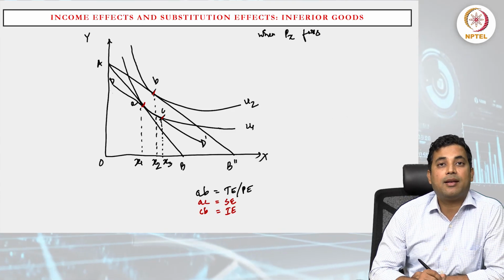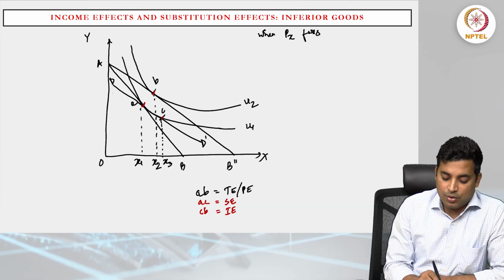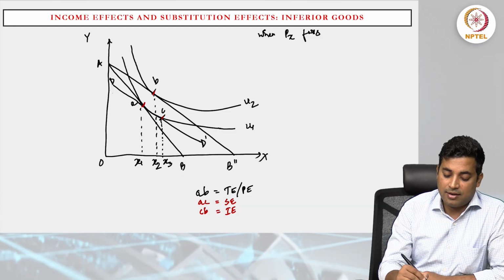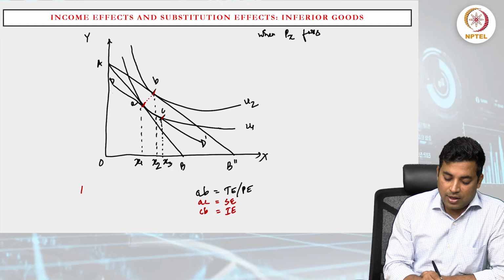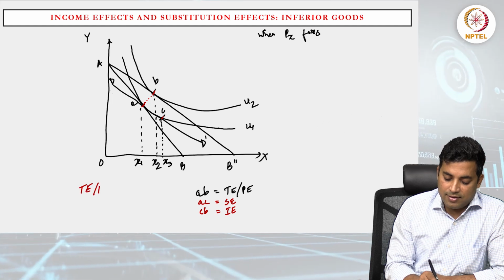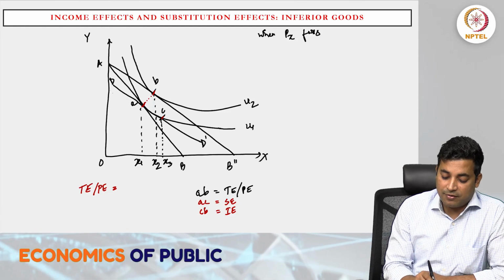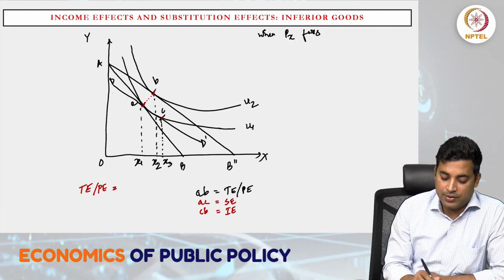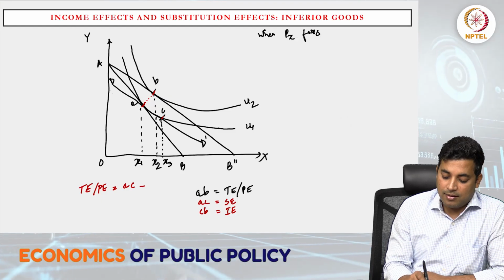So in case of inferior commodities, you can see the total effect, or price effect, AB, is equal to the substitution effect AC minus BC.